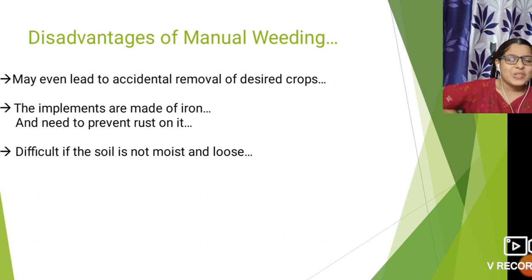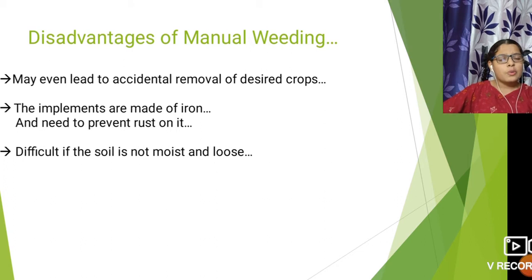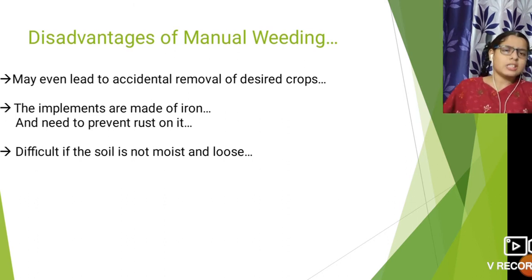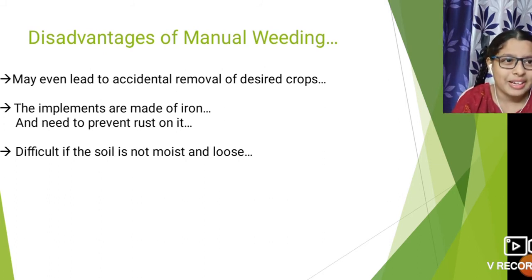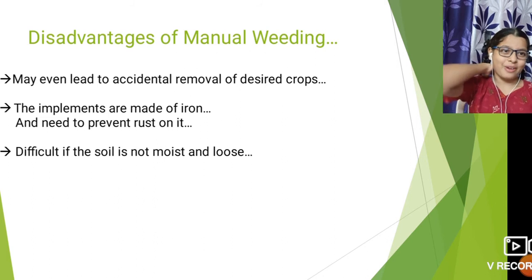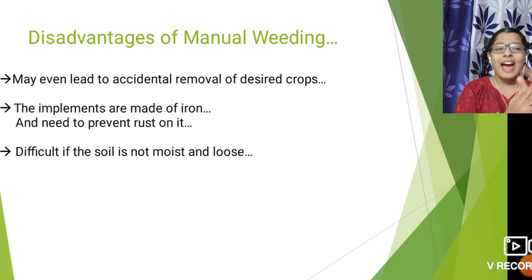So farmers need to plough or loosen the soil until it becomes very loose. Even then, these implements sometimes cannot be forced into it. So these are the disadvantages of manual weeding. Okay, I think you guys have understood.